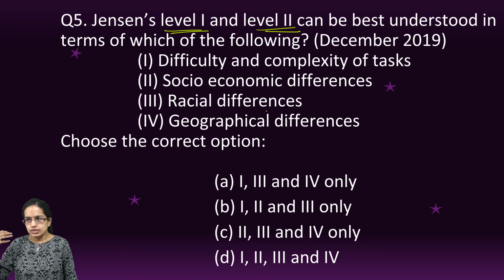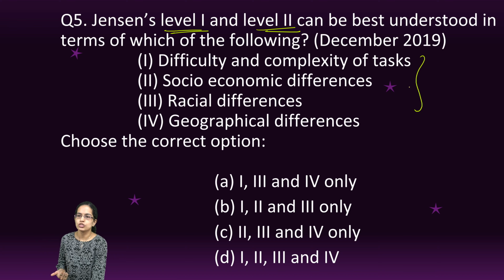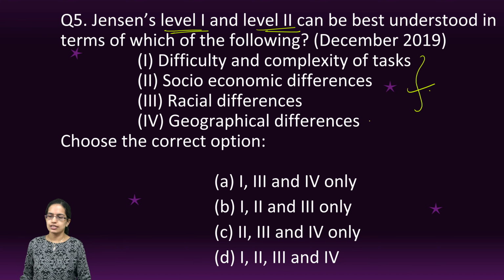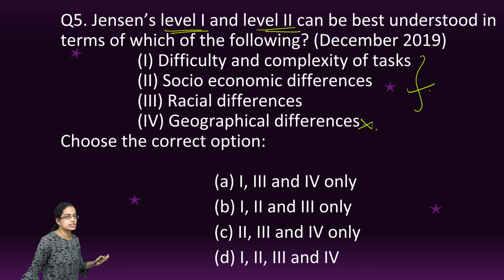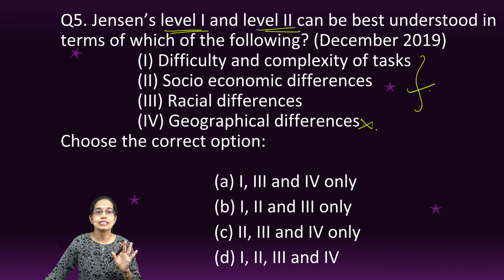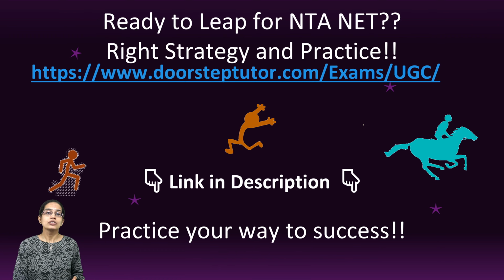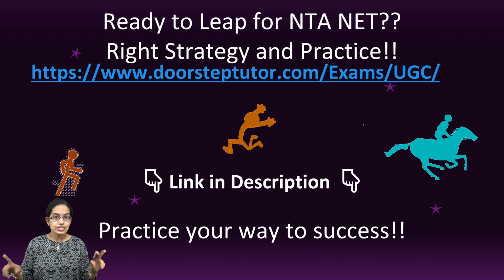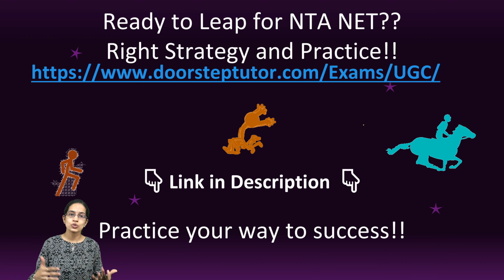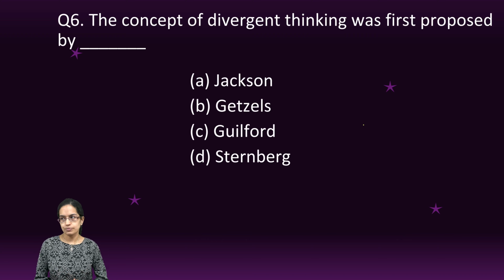Now Jensen basically understood this based on the complexity of the task in hand, based on the socio-economic differences and racial differences. However, he did not point out geographical differences in his intelligence abilities. So that is again very important to note. So sometimes you do have questions where the basis of a test formulation is asked, and for Jensen's theory of intelligence, the reason for the test formulation has been asked here.